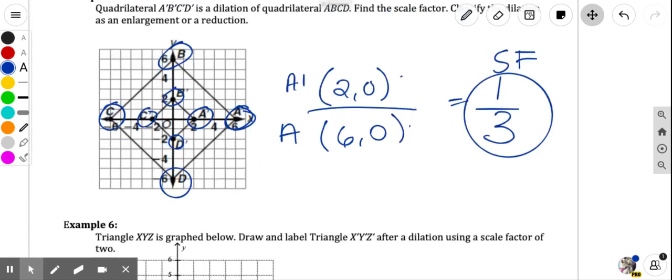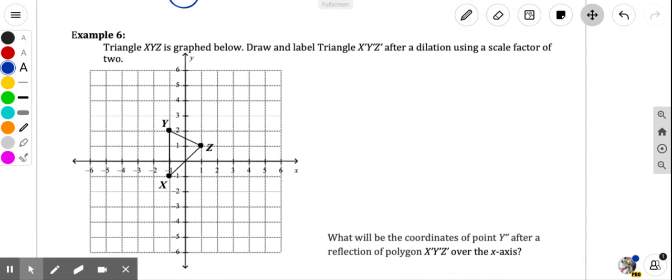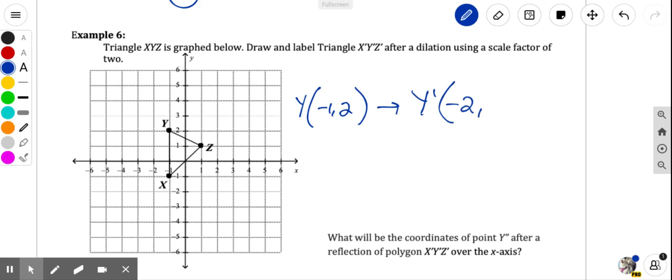Pretty easy. The next one says we have a dilation of a scale factor of 2. So let's write out our original ordered pairs. Y was -1, 2. There we go. And then for Y prime, we're just going to multiply both of those by 2. So it's going to be -2, 4.